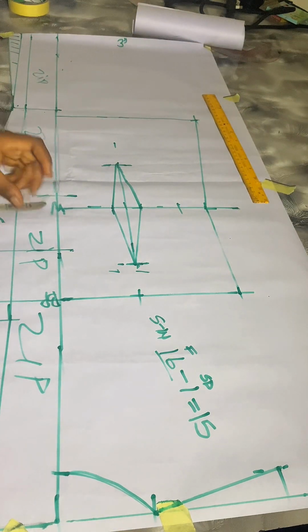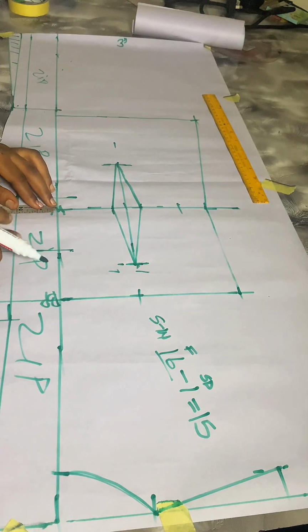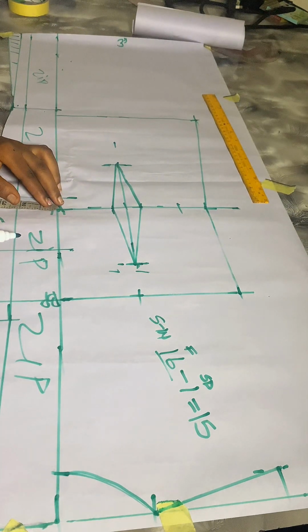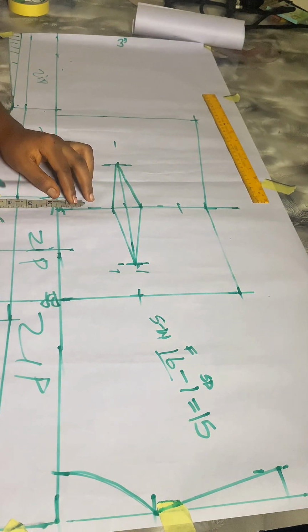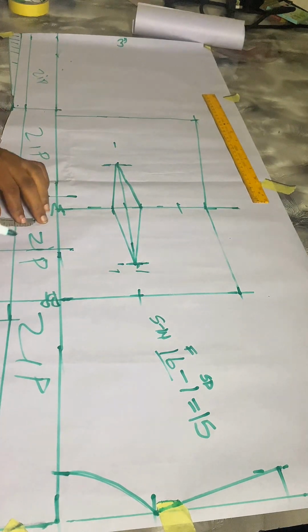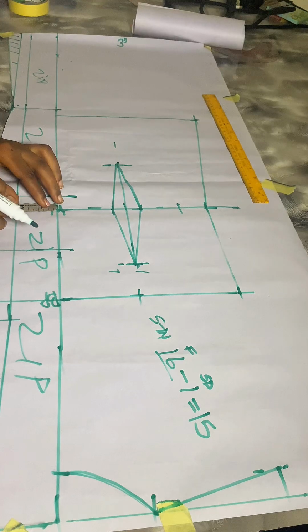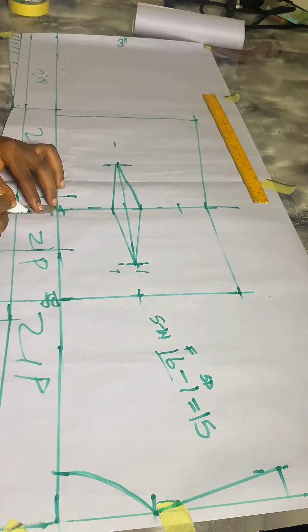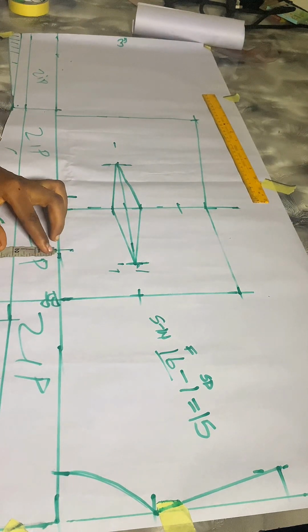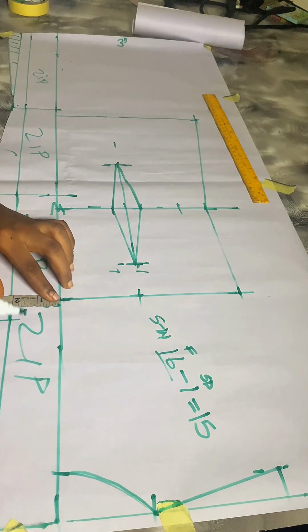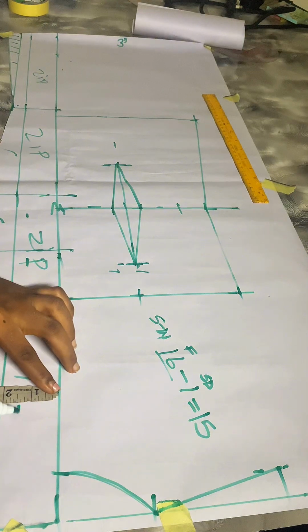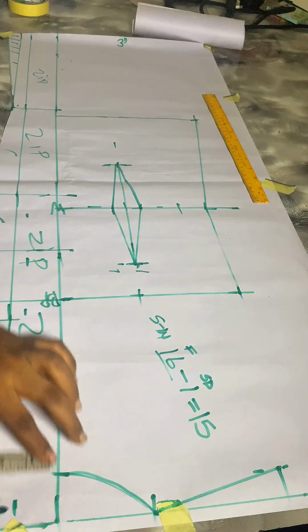And for the side, for the zip side, we are using 1.5 inches.